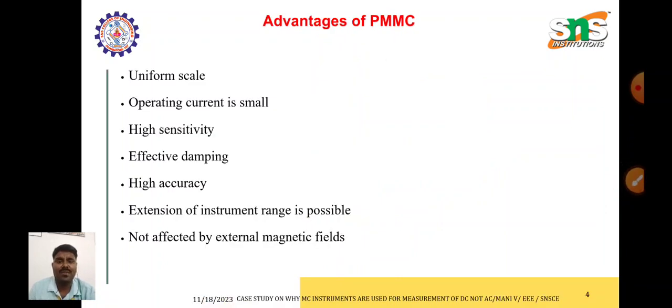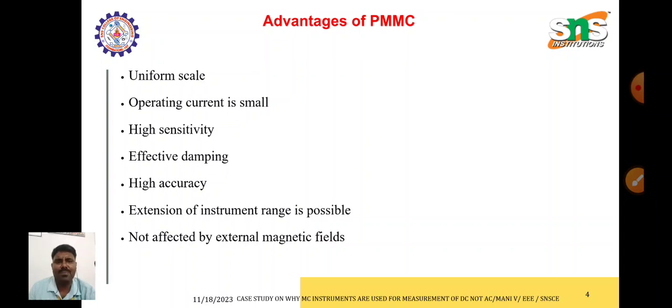The scale from starting value to ending value is always uniform, and it requires a very small value of current for operation. A very small change in current produces the necessary deflection in the instrument, which means high sensitivity.